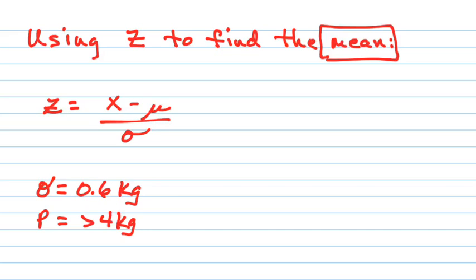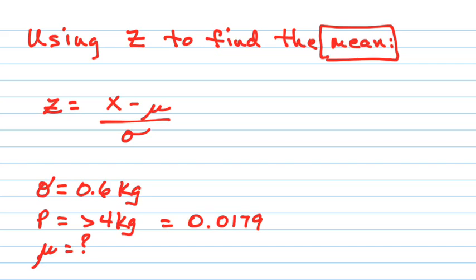If that probability is 0.0179, okay, calculate the mean of the backpacks. So the mean is what we don't know. You agree? All right.